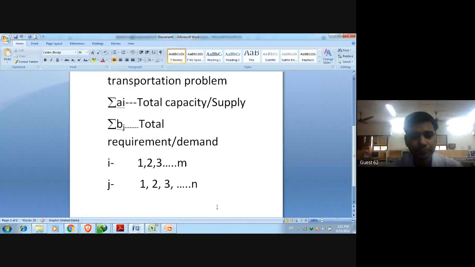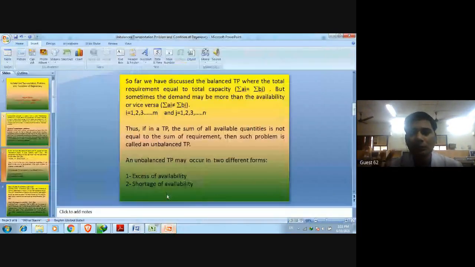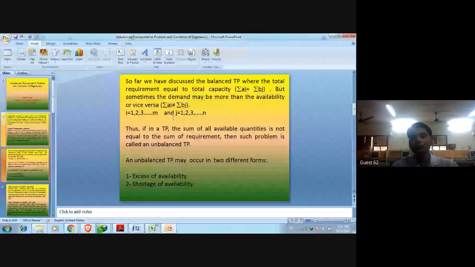Now you have the balanced problem and the unbalanced problem, and according to the condition this occurs in two types. If in a transportation problem the sum of all available quantities is not equal to the sum of requirements, then such a problem is called an unbalanced transportation problem.